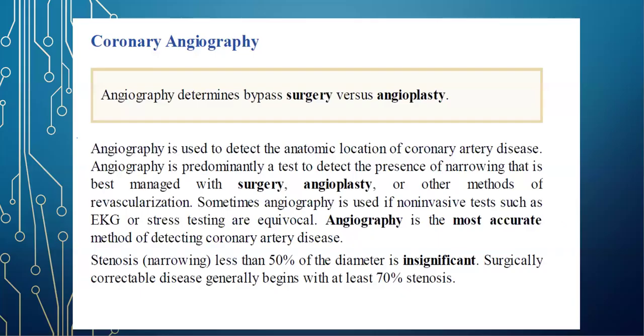What will angiogram do? Angiogram will be able to detect the anatomical location of the coronary artery disease. It can also say how much blockage is there and which option will be best for this patient. Are we going to go for a stent like angioplasty, or will this patient require a bypass surgery?